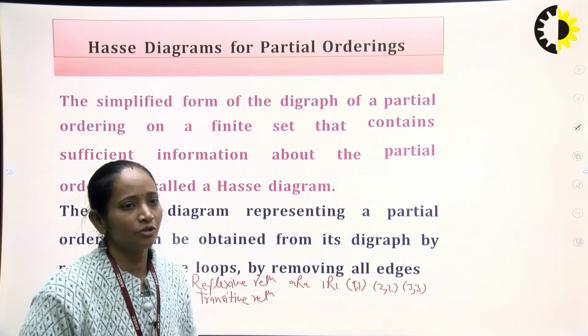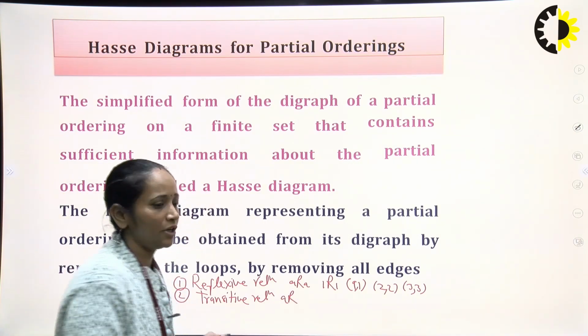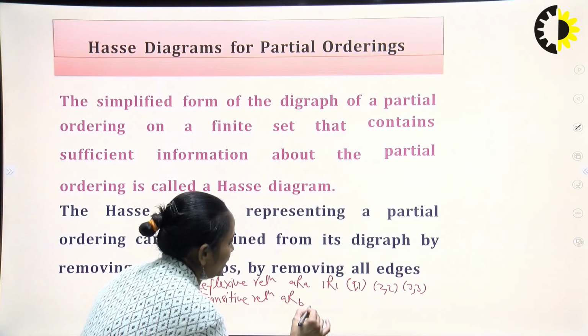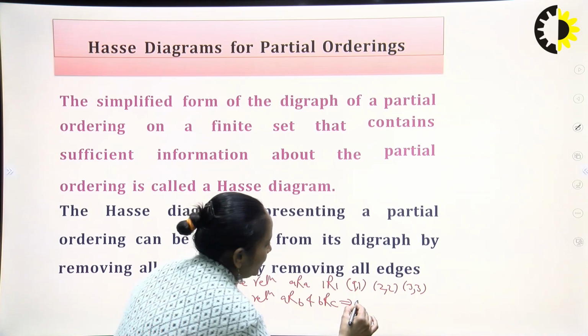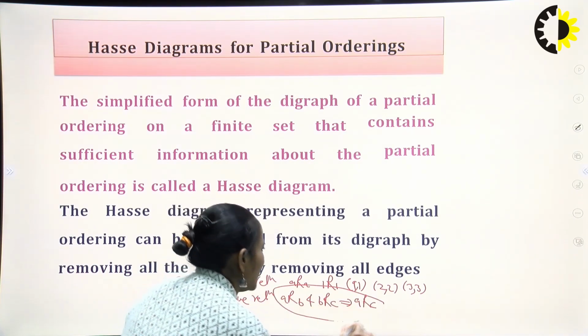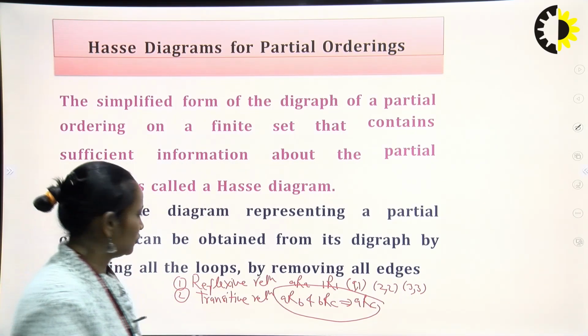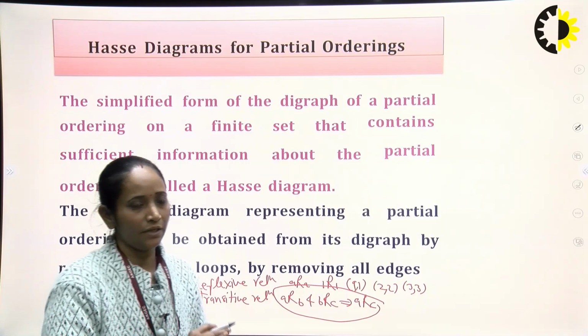Second is the transitive relation. Again I am repeating what a transitive relation is: A is related to B and B is related to C implies that A is related to C. So for the Hasse diagram, we have to remove these two relations, reflexive and transitive.